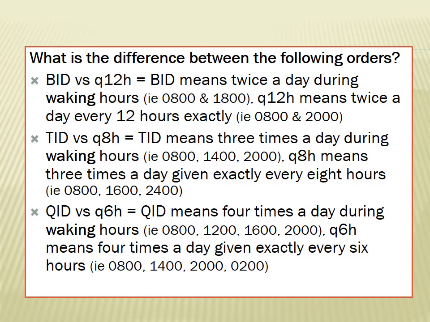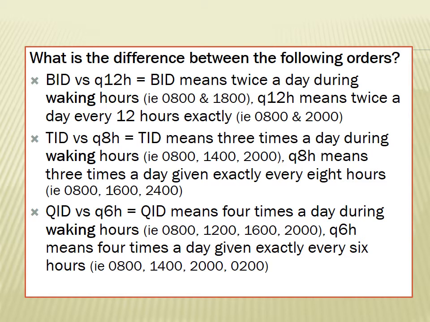So what's the difference then between the following orders? Because they look similar, they can be confusing. What is the difference between BID, which means twice a day, and Q12 hours, which means every 12 hours? They both sound like they would be done twice a day, which is true. But BID means twice a day during the patient's waking hours, and you can see that waking is bolded there.